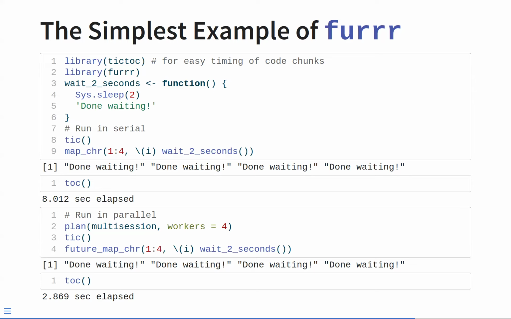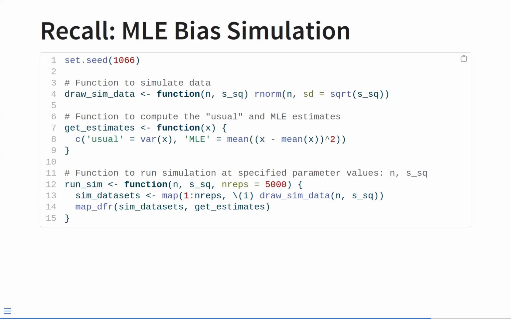But probably you'd like to use parallel programming for something more exciting than just waiting for 2 seconds. So let's recall the MLE bias simulation that we wrote in an earlier lecture. Here I'm just reminding you of the code that we used. We wrote a function to draw some random normal variates with a particular standard deviation.